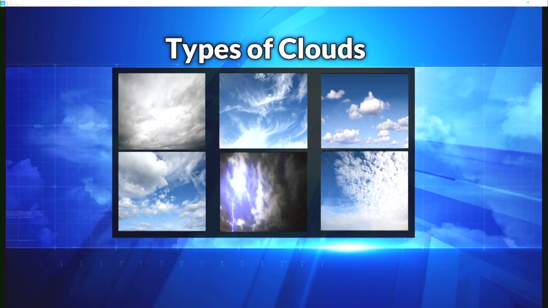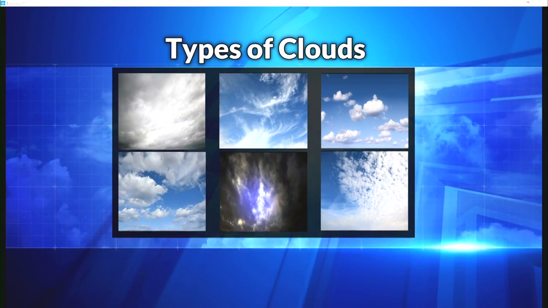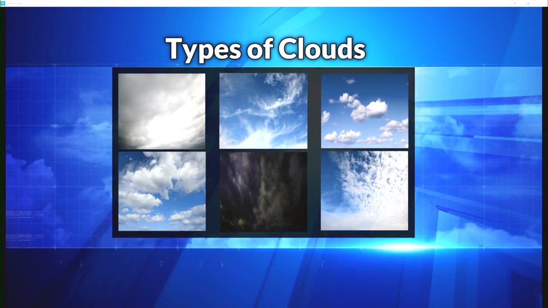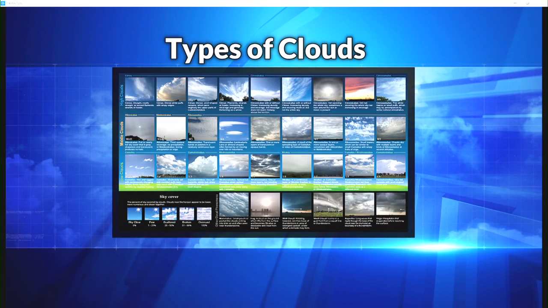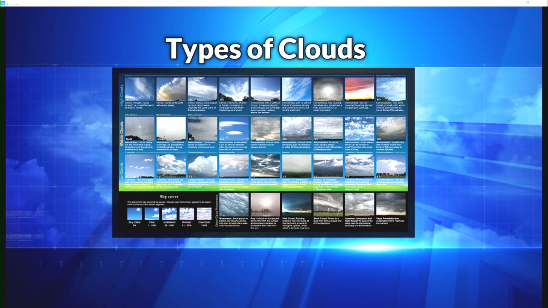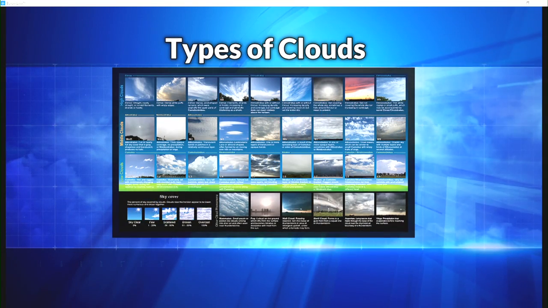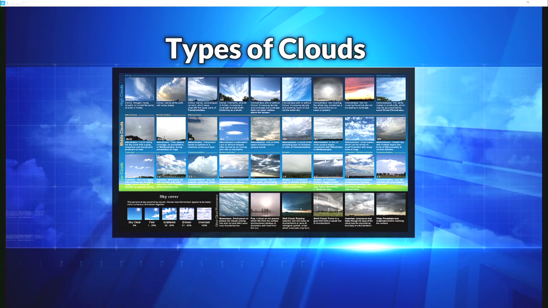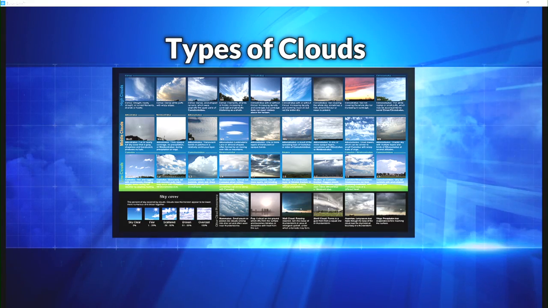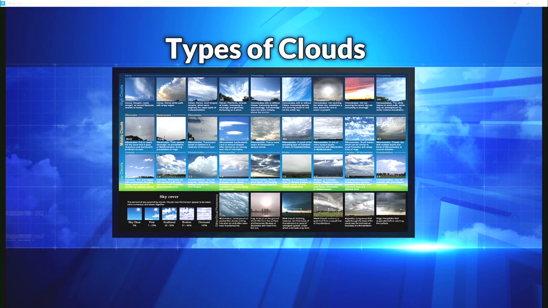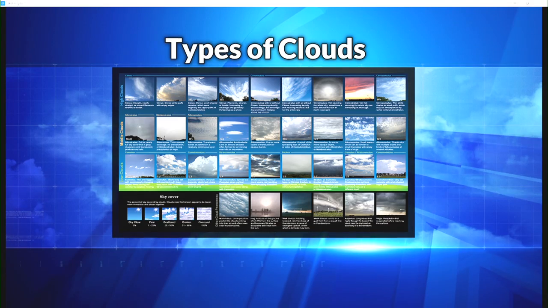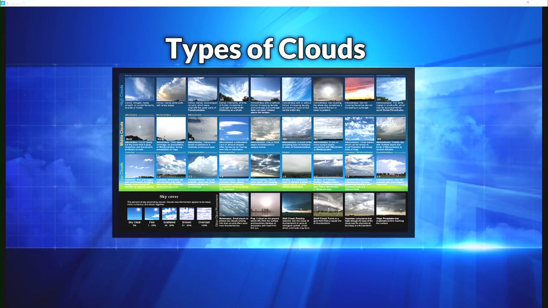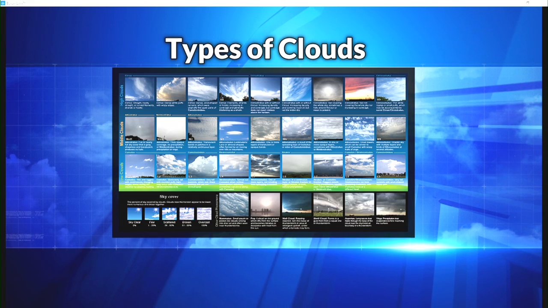Absolutely. All right. So we mentioned several types of clouds, and we'll break a few of them down for you today. The first one we'll start with is the National Weather Service's cloud identification chart. The official chart, yes. I know it's hard to see, but if you go to weather.gov or you just Google the types of clouds, this chart will pop up and you can get a breakdown of just how many there are.